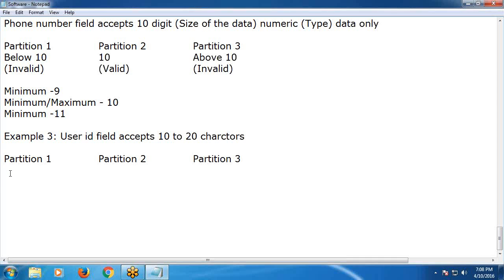Partition 1 is below 10 characters. Next, 10 to 20. Next, above 20, 11 to 99 or above.